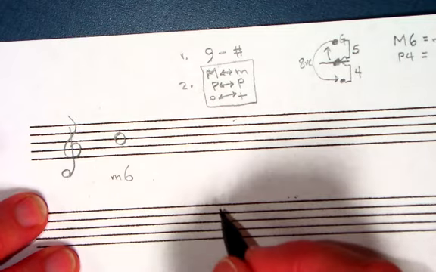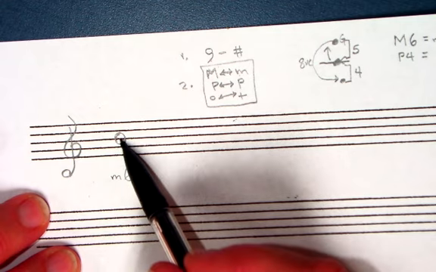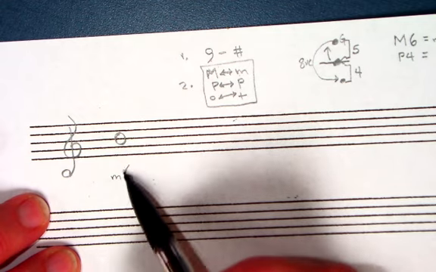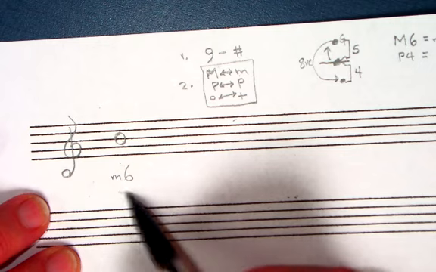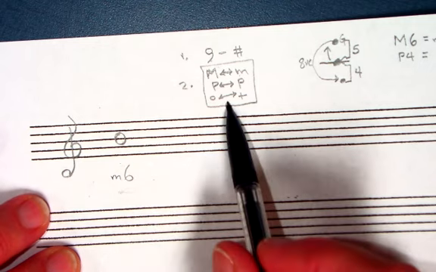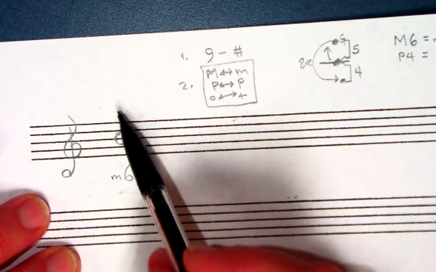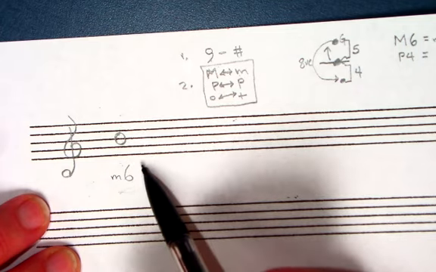Well, when we're dealing with intervals, we think in keys, and you think in the key of the bottom note, remember. If I'm going below, I don't know what key to think in. So the easiest way to deal with this is to deal with it through its inversion. That way I can think in this key, and I can do it above. Once I find that answer, I drop it an octave, and it turns into its inversion.